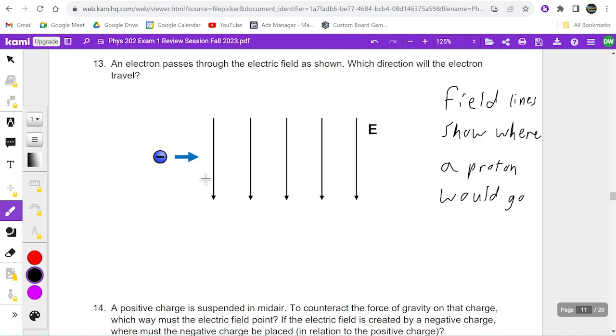So in other words, if this was a proton, the charge would want to go this way. It would be making a right turn, basically. But since it's a negative charge, it's doing the opposite. It's going to go this way. And notice it's a gradual shift. It's not a sudden left turn, okay? Just like a car making a turn, it's gradual.